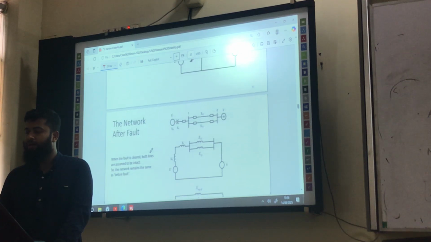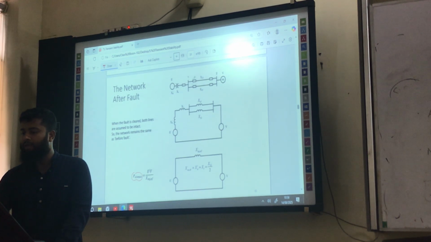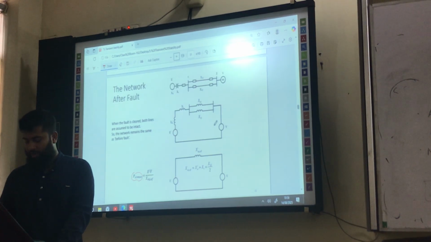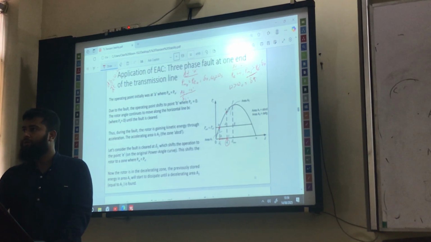Whenever the fault clears, again there will be some power, because both lines are assumed to be intact. So again there will be some power there. I am drawing this in terms of the power. So this is the power, not the speed or the delta. If this was the case for speed, the speed could not instantaneously jump from one place to another, but this is about the power.